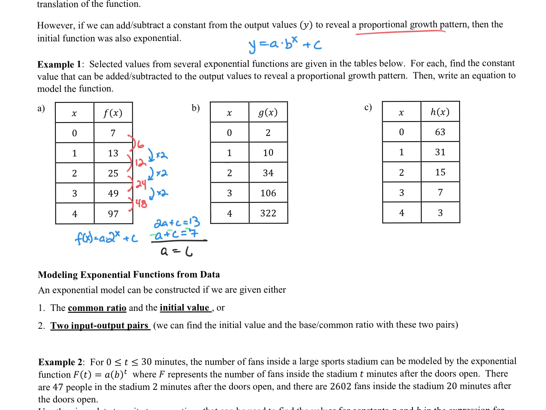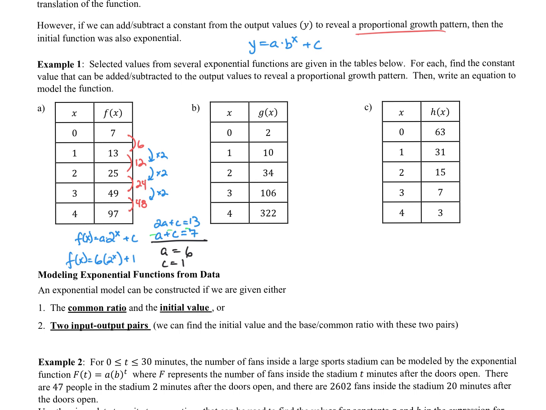It goes to 6, because my c's canceled in my system of equations. So if a is equal to 6, what does c equal? 1. And now I've basically solved for my equation. So f of x is equal to 6 times 2 to the power of x plus 1. There's my exponential function that got shifted vertically.